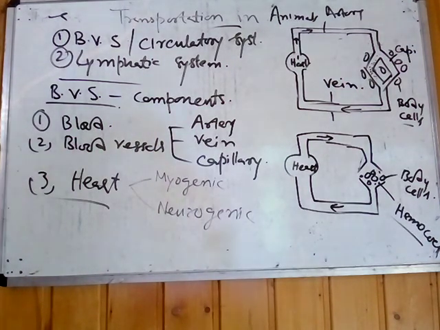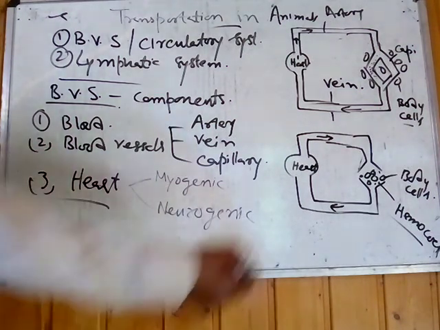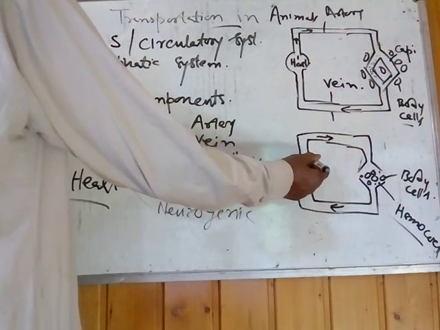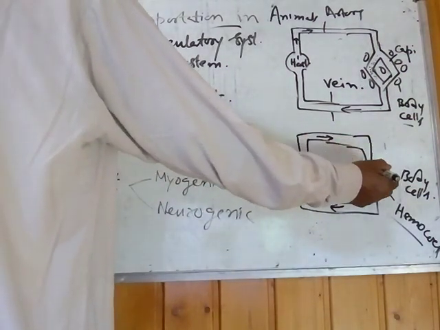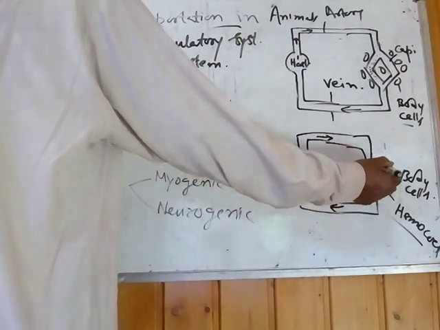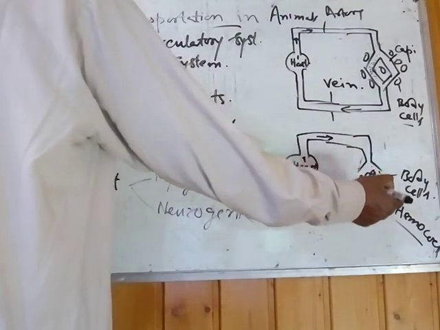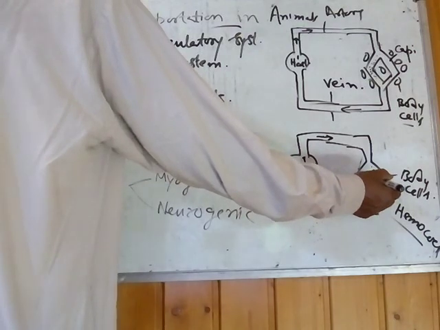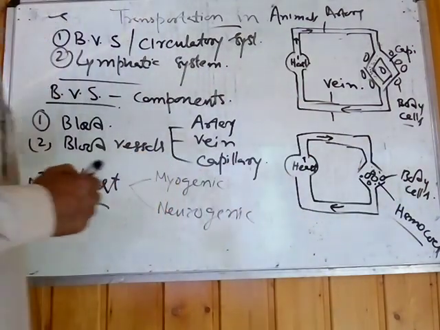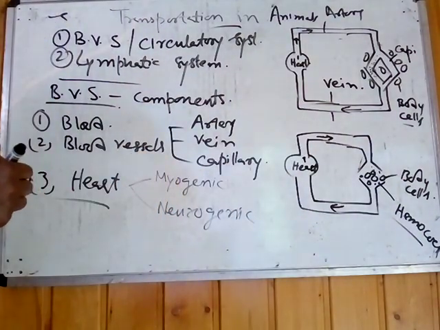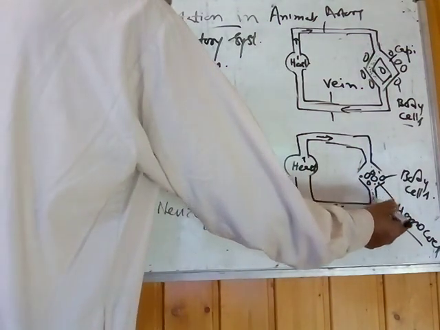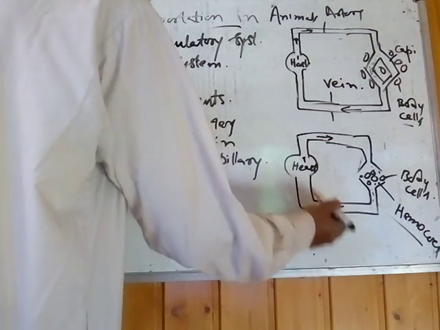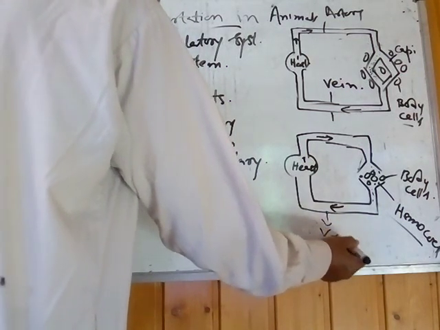closed blood vascular system. In another type, heart is pumping the blood into artery, and from the artery, when it reaches the capillaries, it comes out of the blood vessels and directly baths the body cells, and then is again collected and reaches the heart through veins.